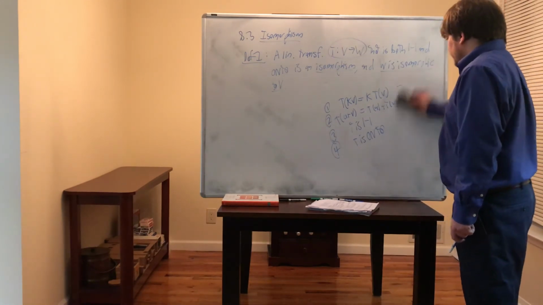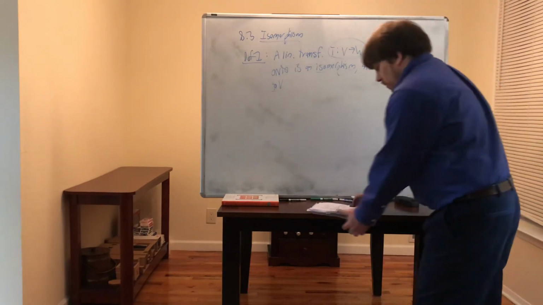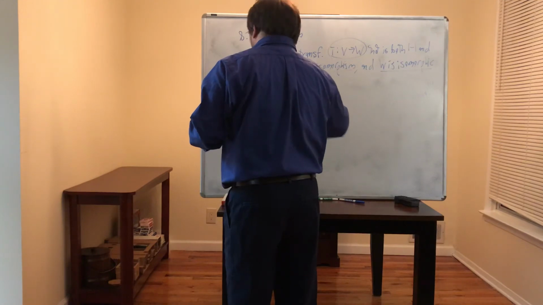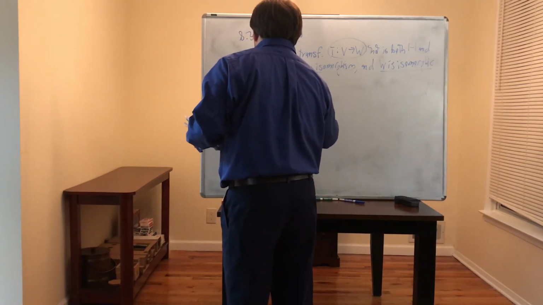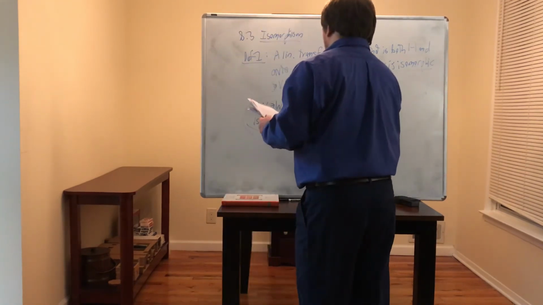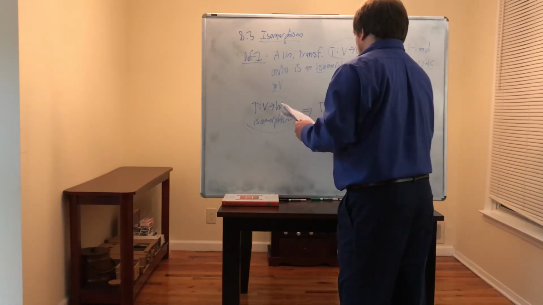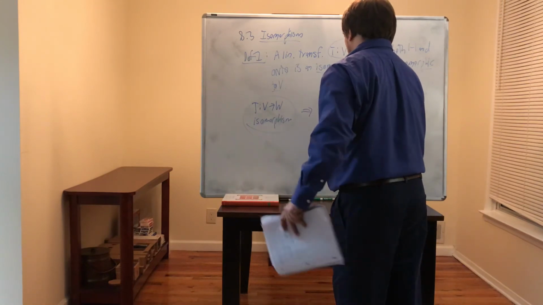Also, if T from V to W is an isomorphism, that implies that T inverse from W to V is an isomorphism.